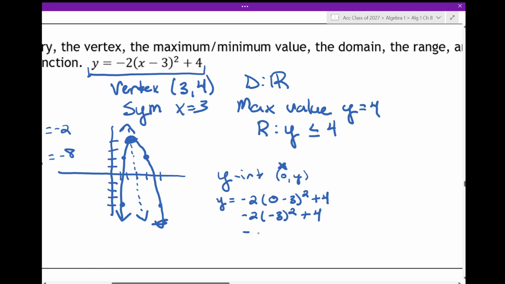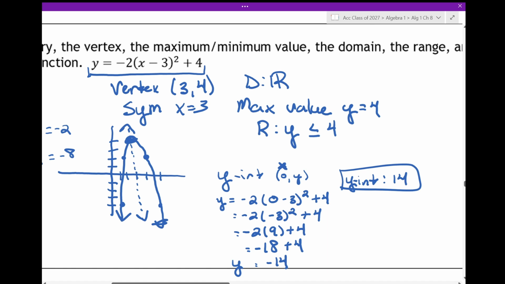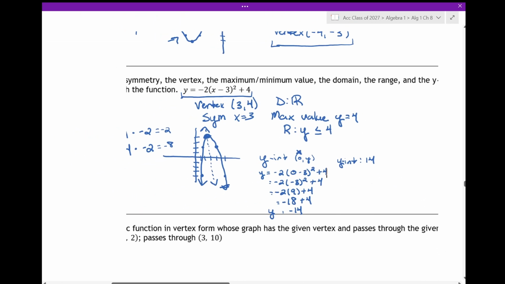So that's going to be -2 times 9 plus 4, -18 plus 4, and lastly we get -14. These all would really have little equal signs there. And y equals -14. So my y-intercept is -14. I don't know why I boxed that in. None of the rest is boxed in. But there we go. There's all of our characteristics there.